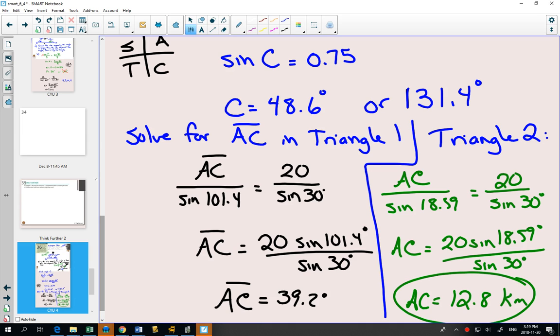So we got our two different answers. This is kilometers, for AC.